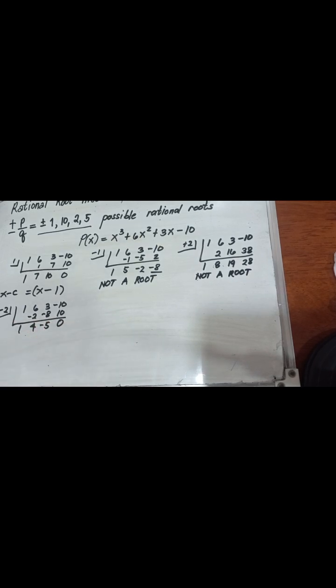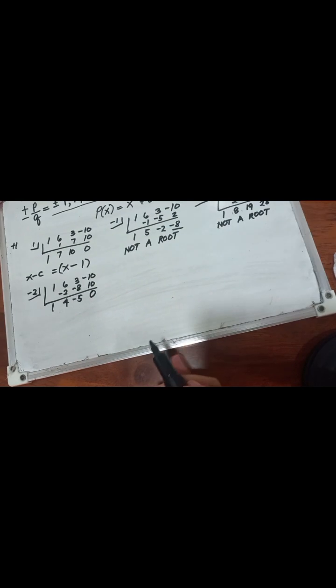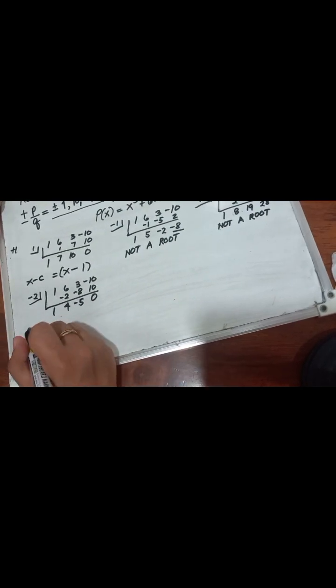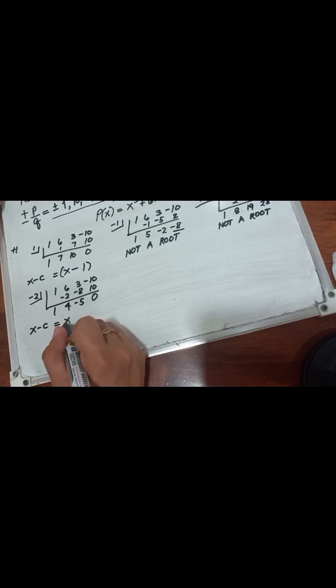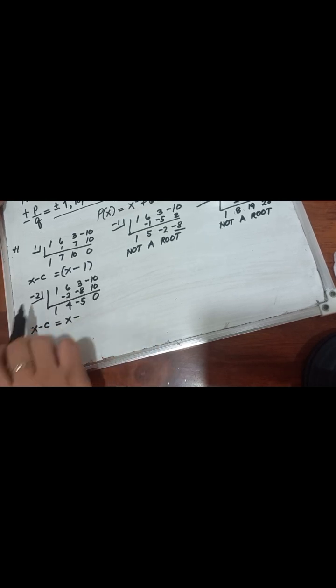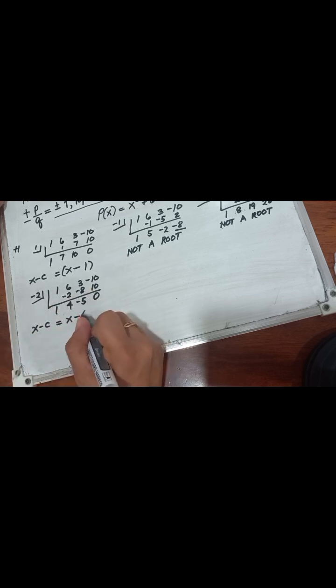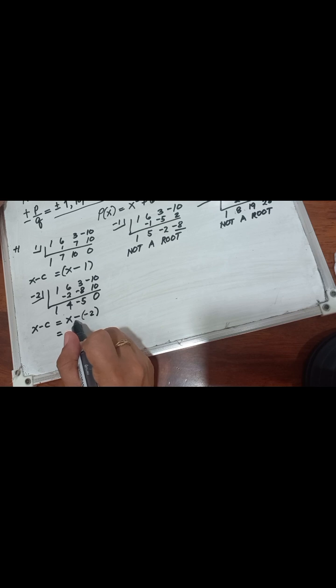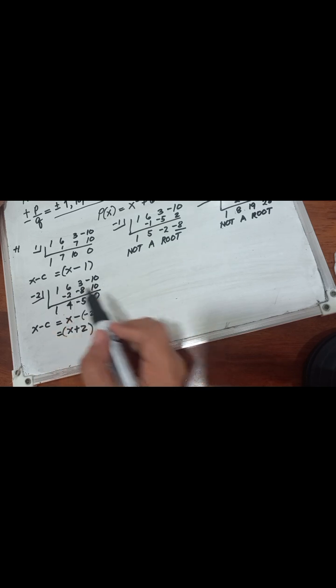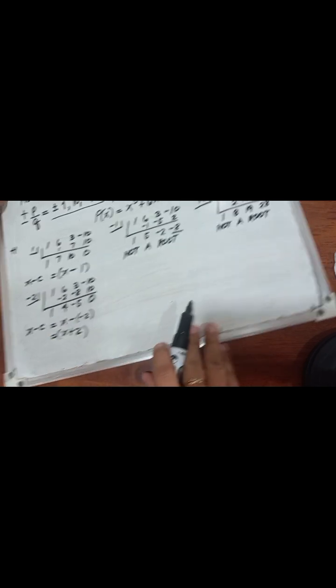It will give us also a 0. Now, again, we will change that to the form x minus c. Since our value of c is negative 2, x minus negative 2, and negative times negative gives us positive 2. So again, we have our second root.